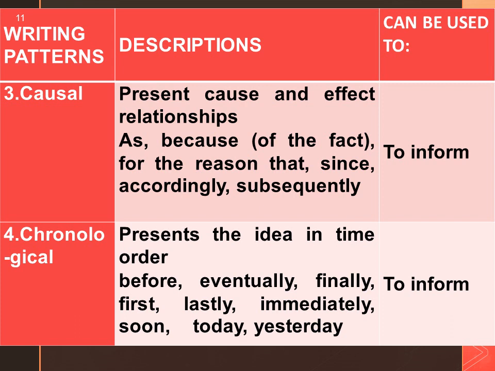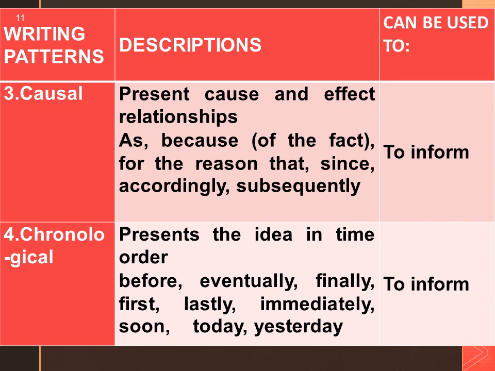And then fourth, we also have chronological. This presents the idea in time order, meaning we begin with particular procedures or steps from the first until the last step. That is why, if you take a look at our keywords, we have before, eventually, finally, first, lastly, immediately, soon, today, and yesterday.